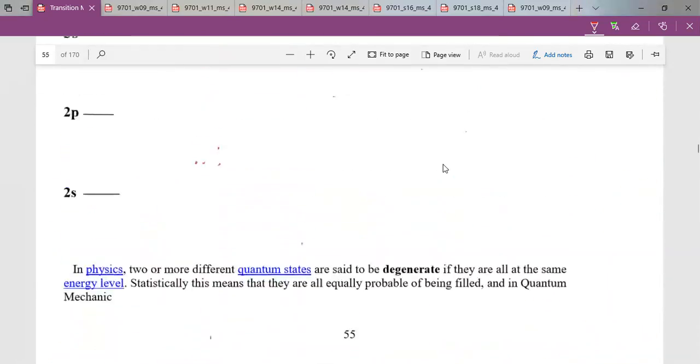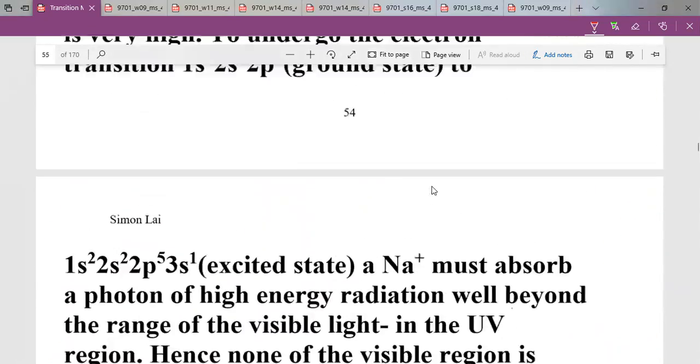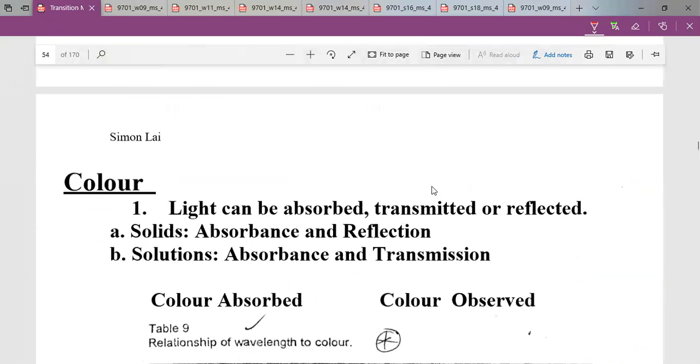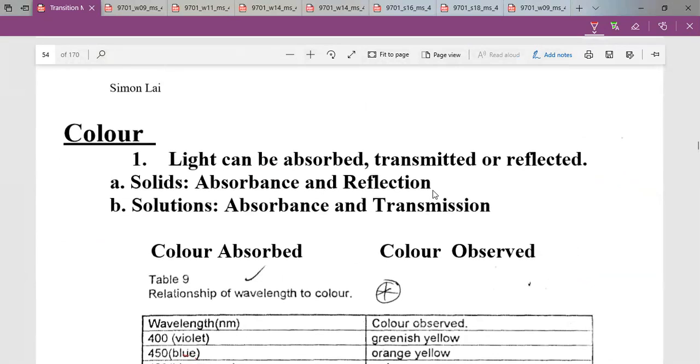Now, how do you explain color in the world? Remember, when light comes, there are two things here. This is the object. Why is it red here? When white light comes in, let's say it's solid, white light, visible light, which means it contains all the different colors of the rainbow, it will absorb all the colors except red.